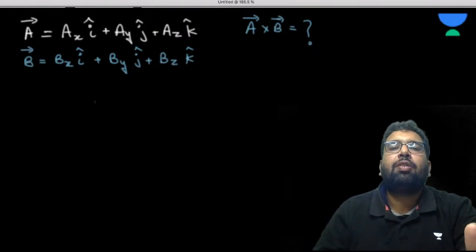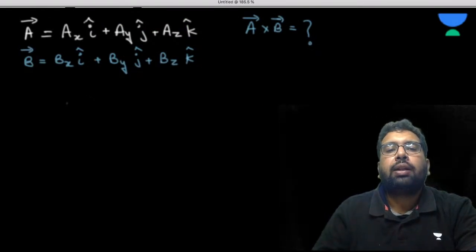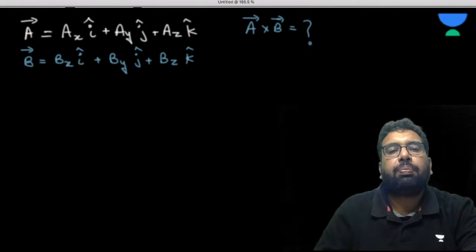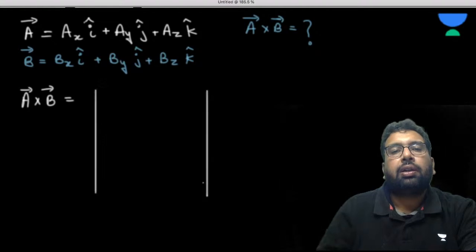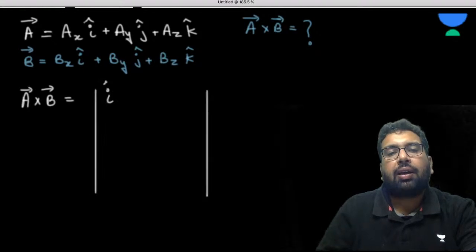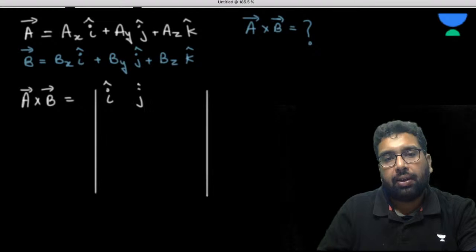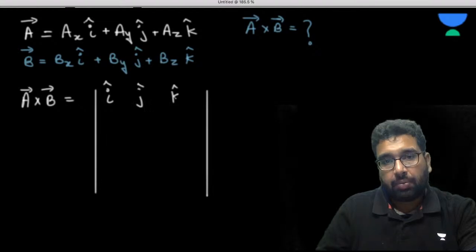Very simply, we have to write it in the determinant format. A vector cross product with B vector is going to become the determinant of: we'll write I vector, J vector, K vector. Please observe the pattern.